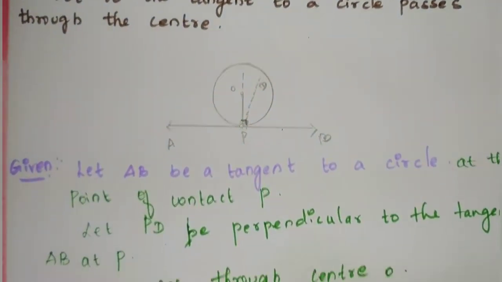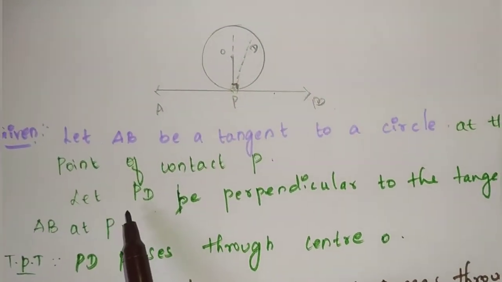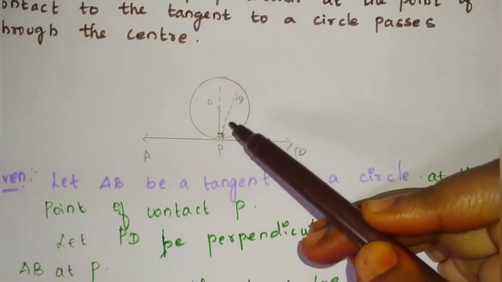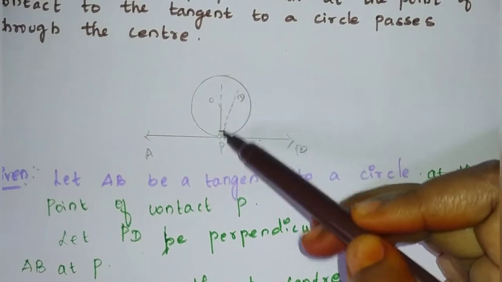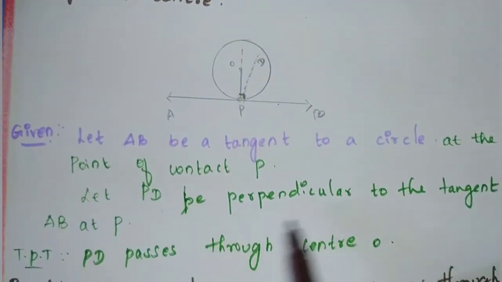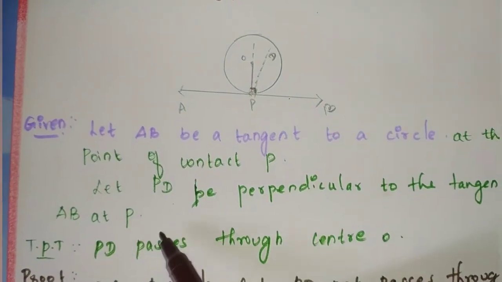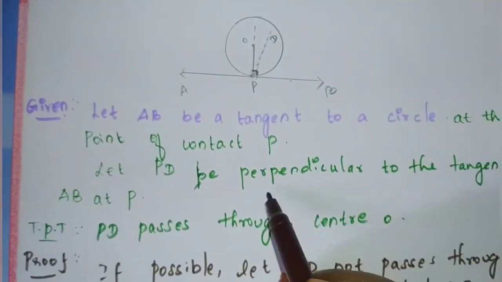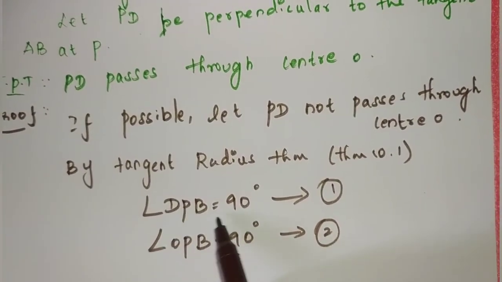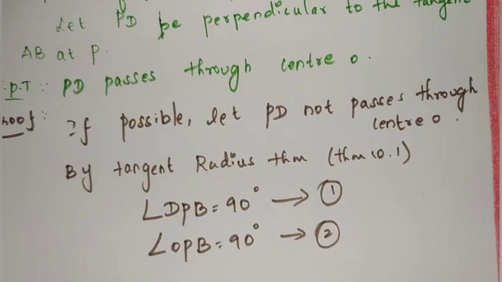And I have taken one more thing, that PD is perpendicular to the tangent AB at P. Actually this has to lie on OP. So since I have taken it as perpendicular, I can write that angle DPB is equal to 90 degrees.